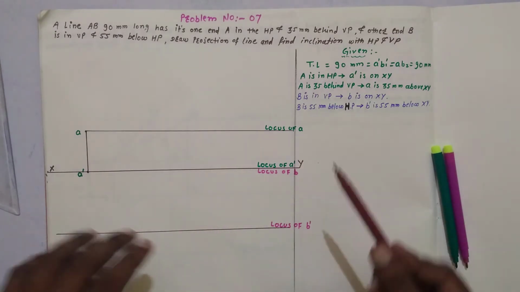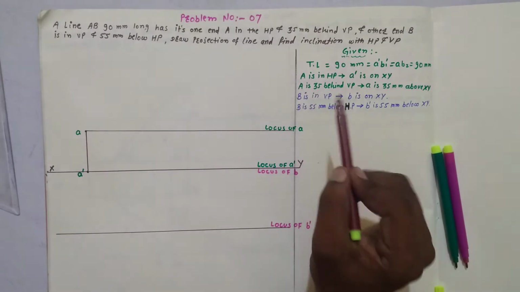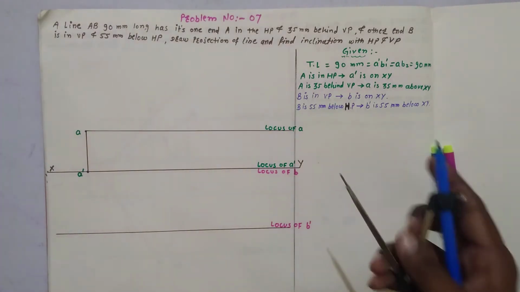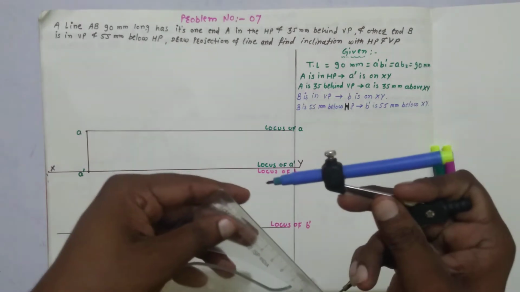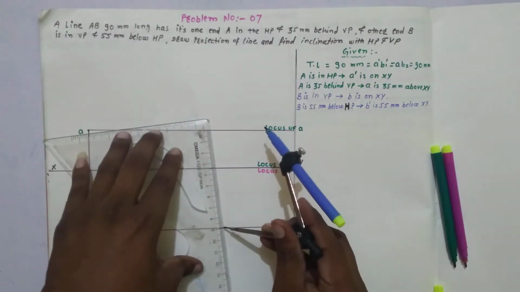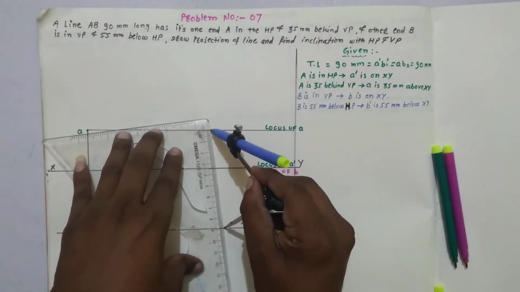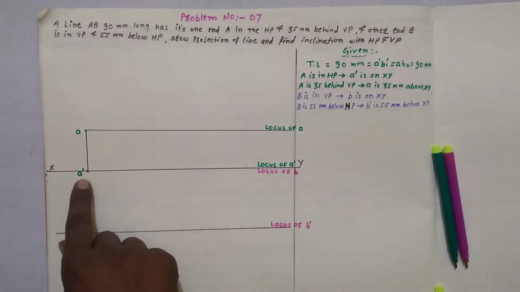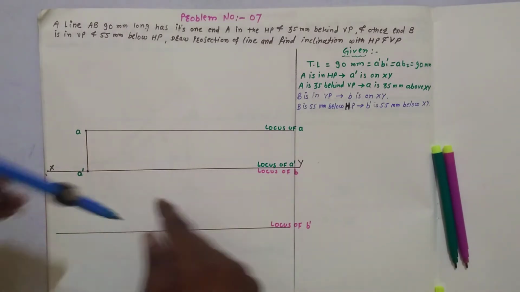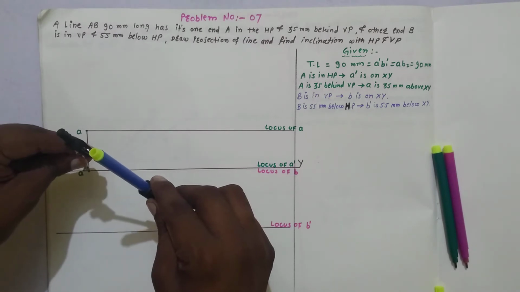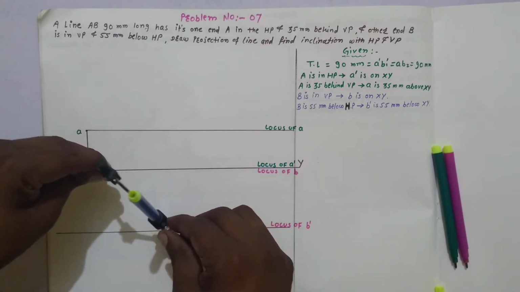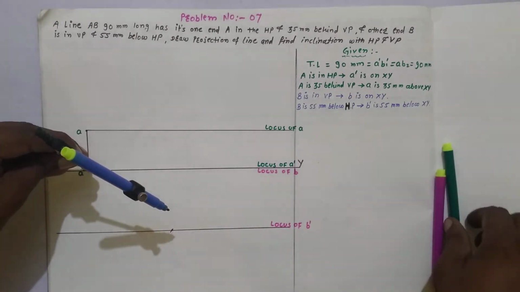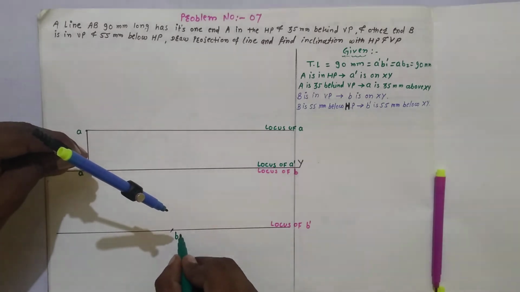Okay, now all the data about A and B is used. The true length is given, 90 mm. Take 90 mm distance in the rounder. We have to cut the true length from A dash to the locus of B dash. Here we get point B1 dash.